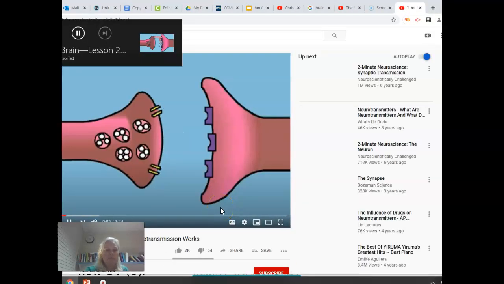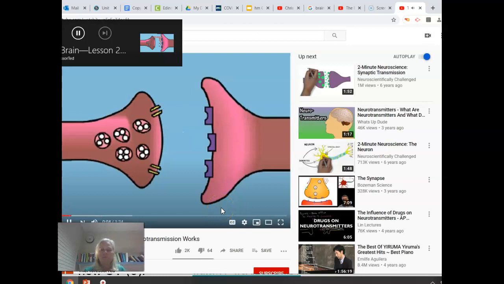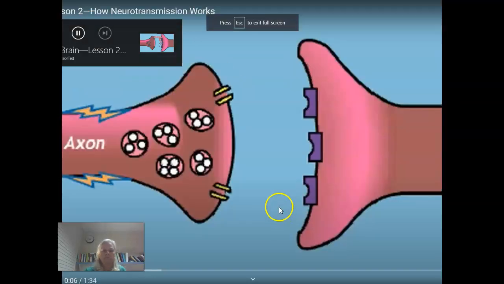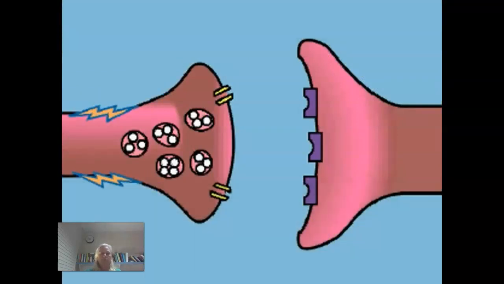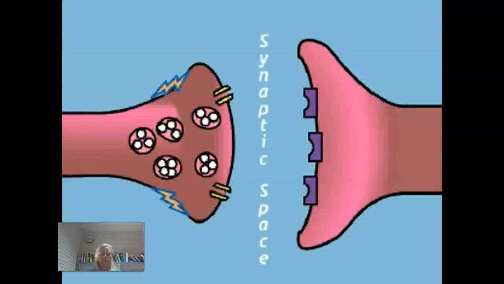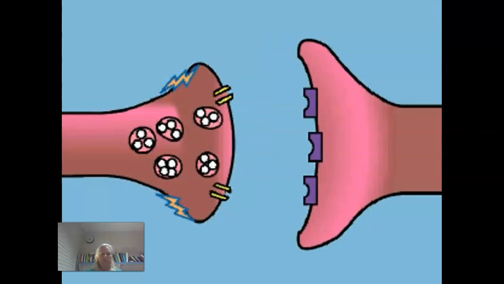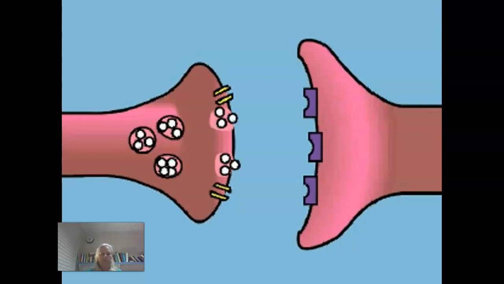Communication between 2 neurons begins when an electrical impulse called an action potential travels along the axon of a presynaptic neuron toward the axon terminal. The action potential cannot cross the synaptic space. When it reaches the axon terminal, it causes membranous sacs called vesicles to move toward the membrane of the axon terminal. The membrane of the vesicle fuses with the membrane of the axon terminal, enabling the vesicle to release its contents into the synaptic space.